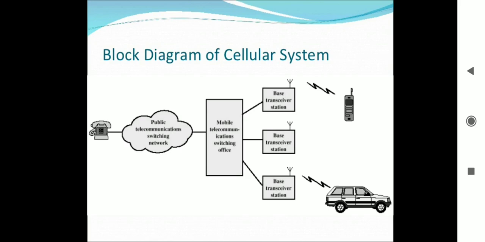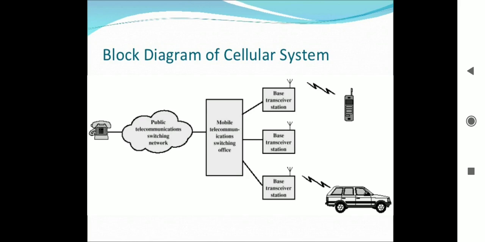So the frequency reuse principle is related with a cellular telephone system for allocation and reuse of channels. Each base station is given a group of radio channels to be used within a cell. Listen carefully about this working.